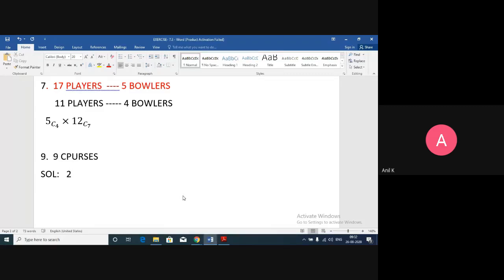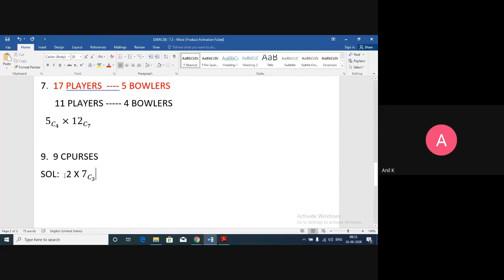Select the first course, then the second course, multiplied by the remaining courses. 7 more courses are left because out of 9, 2 are already selected. How many more courses does he or she have the option to pick? Out of 5, 2 are already selected, so 3 more are left. 2 into 7C3.